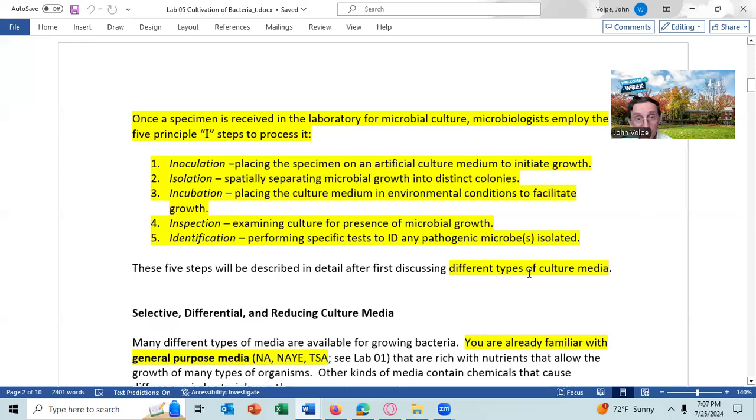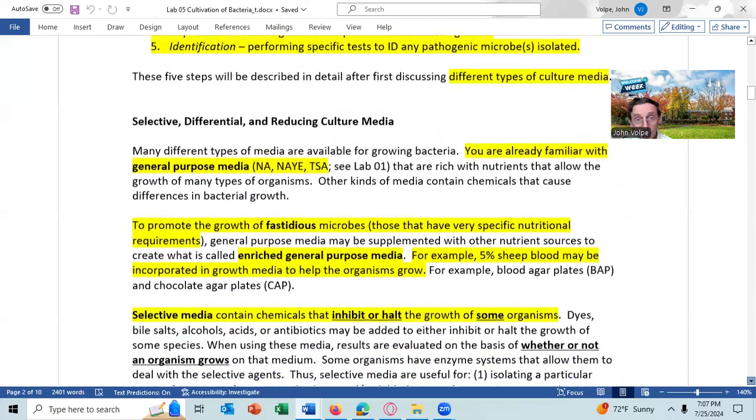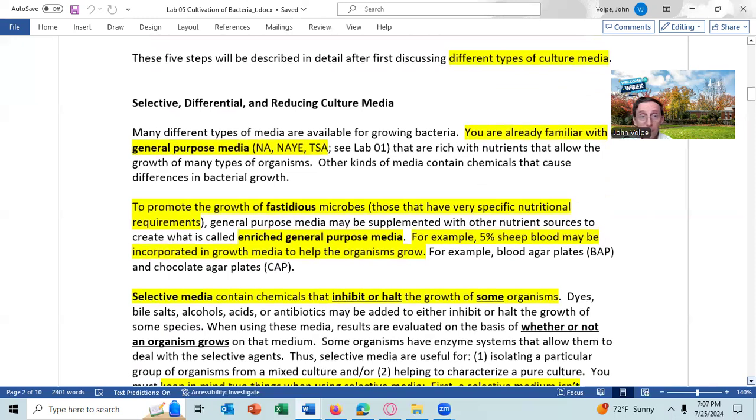The 5 steps will be described in detail after first discussing different types of culture media. So let's talk about the different types of culture media. There are selective, differential, reducing culture media, and then the one we've already talked about, is a general purpose culture media.